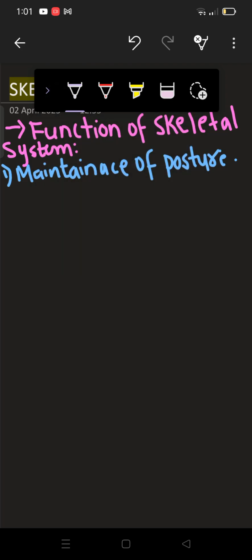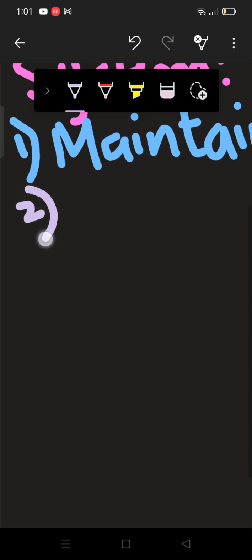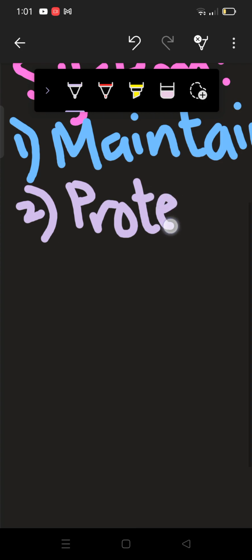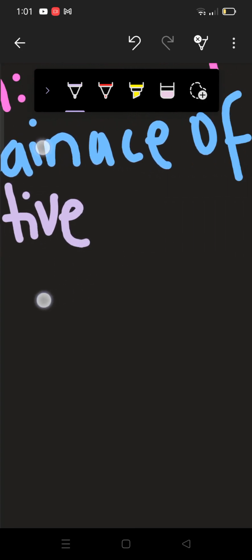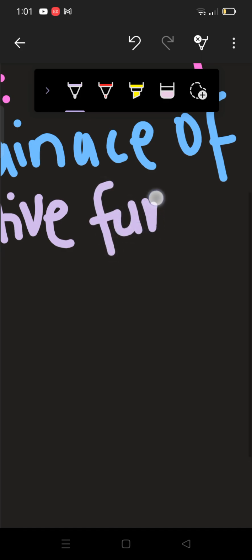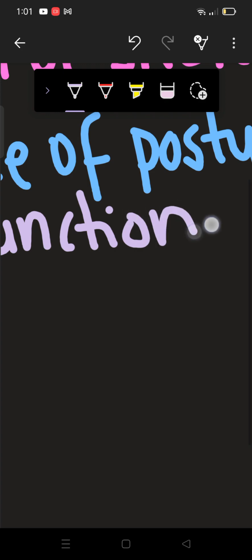Alright, so what's the second function of the skeletal system? It has a protective function. How is it a protective function? We'll discuss that as well. Wait, let me write this first. It has a protective function.